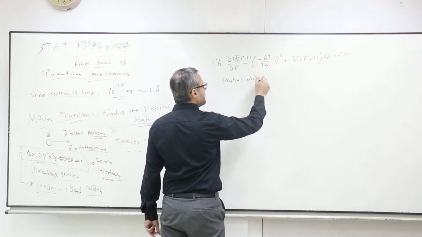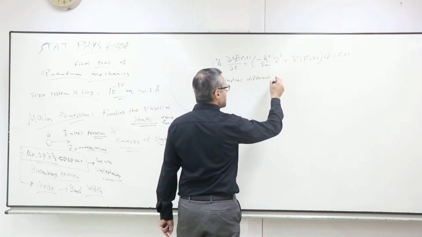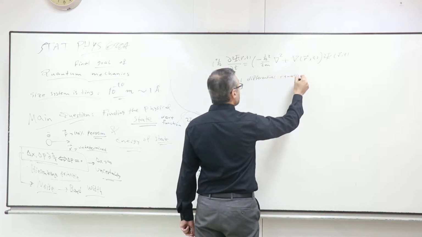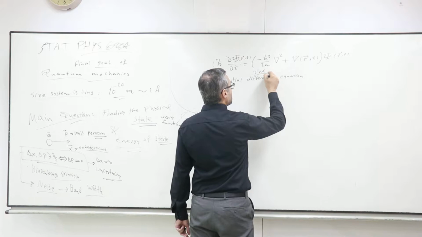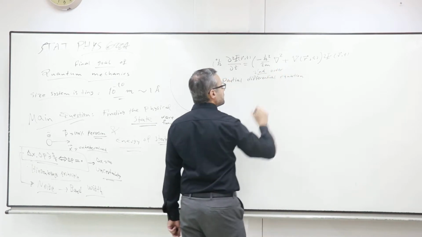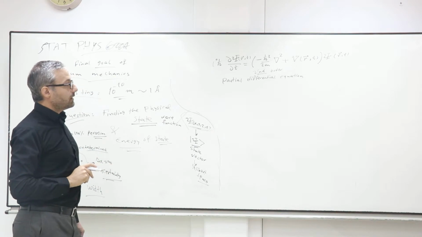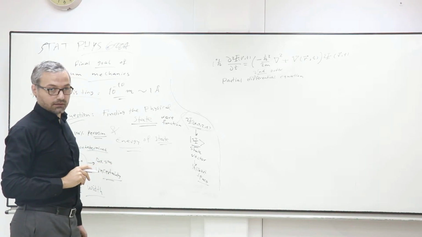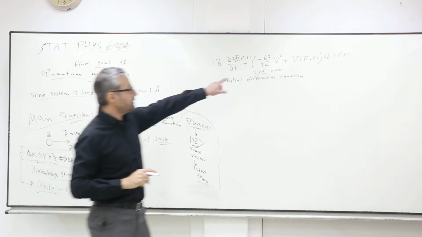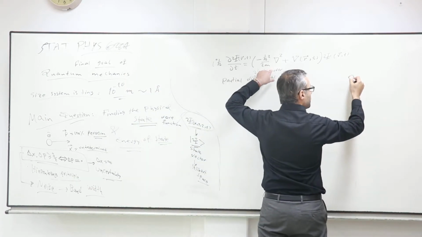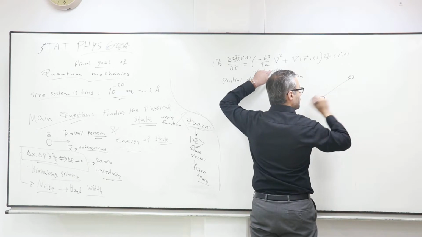Again, I want to tell you why statistical quantum mechanics exists. Second order partial differential equations: only for very special cases can you solve this equation. And this is for one particle. Look at that, there is a 1 m here.